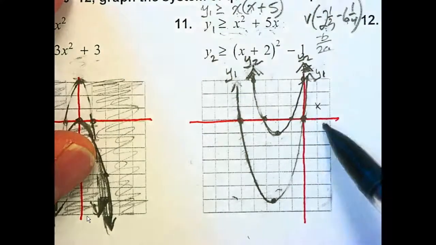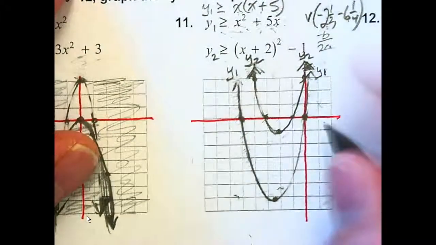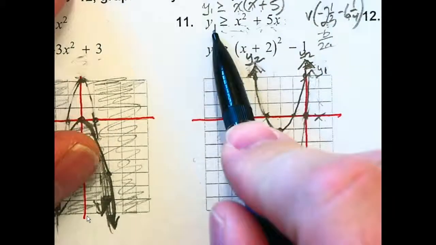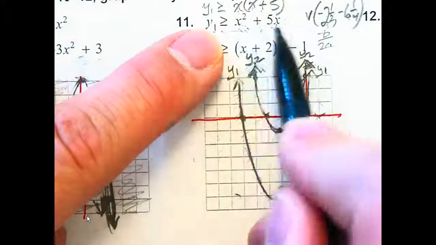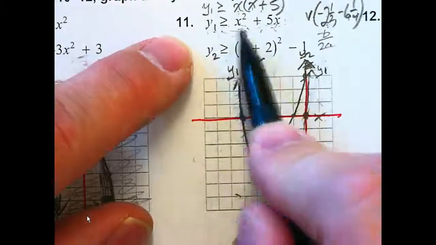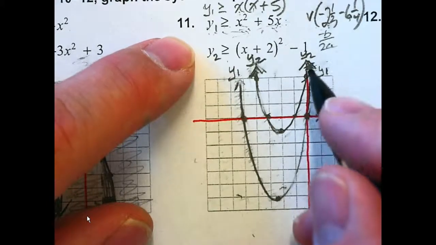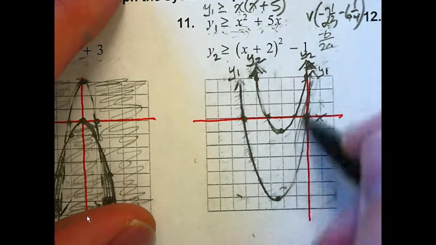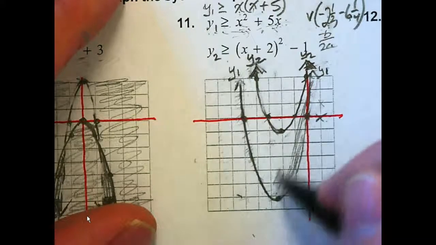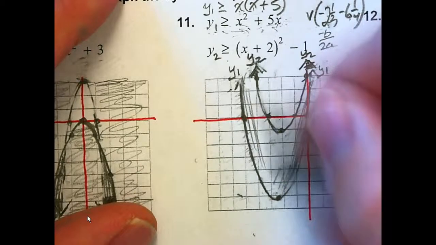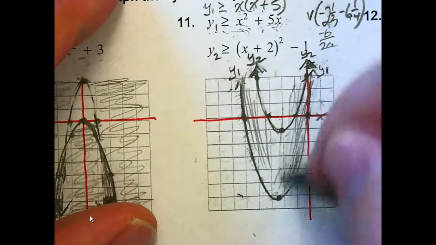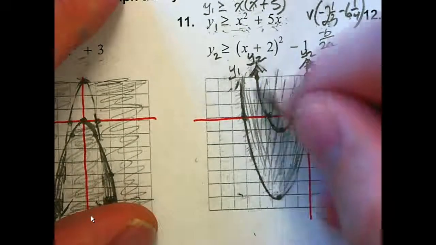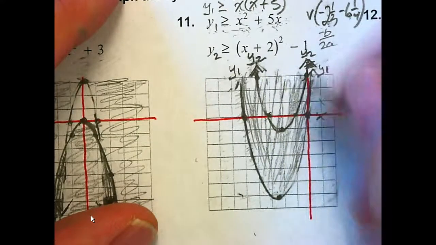Let's do the 1, 0. All right. There's 0. 1 plus 5 is 6. 0 is greater than 6 is false. Therefore, I shade to the inside, making sure we're using the correct parabola. So that means all of this. So that is narrowed down where our solution could be.